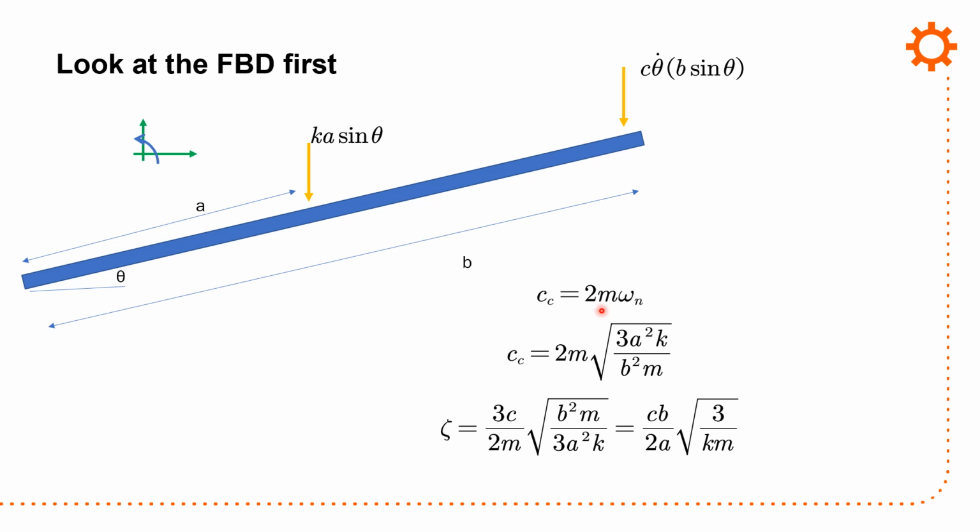The critical damping coefficient, C critical equals 2m omega n. You can put all that together: 2m times the square root of 3a squared k over b squared m. Substituting in, you get zeta equals C b over 2a times the square root of 3 over km.